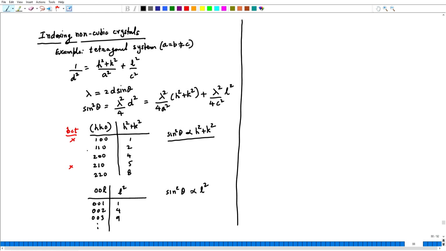When I am able to analyze the peaks which are of the hk0 type, I can get the lattice parameter a. Analyzing the 00l peaks will give me the lattice parameter c, and then eventually I should also be able to index those peaks which are in general hkl, which would be the remaining peaks once we have done this.